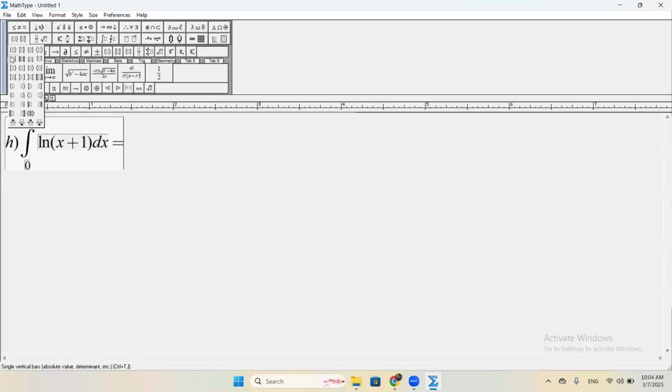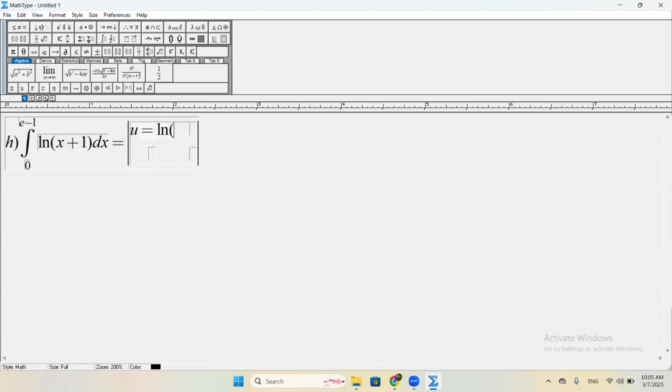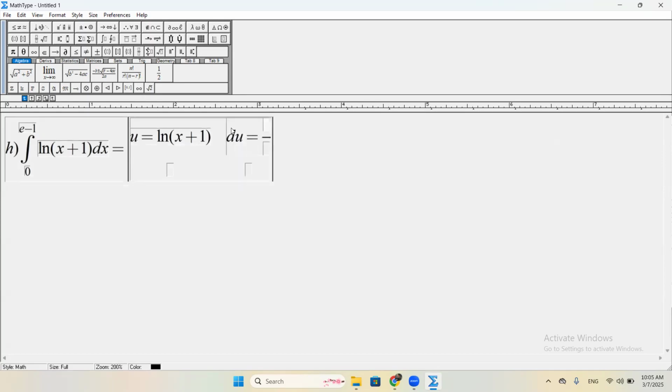And how to integrate logarithms by parts: reminding you that we select a logarithm as u. So du equals dx over x plus 1, then dv equals dx, and v equals x.